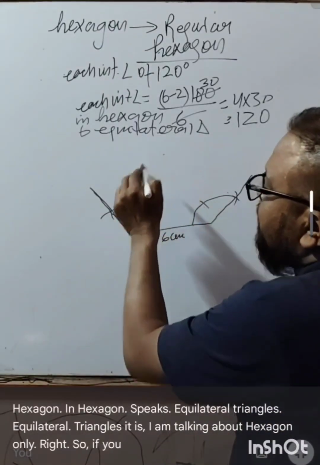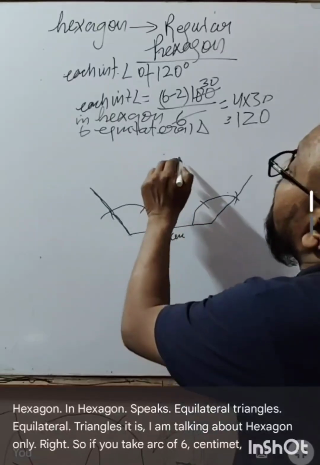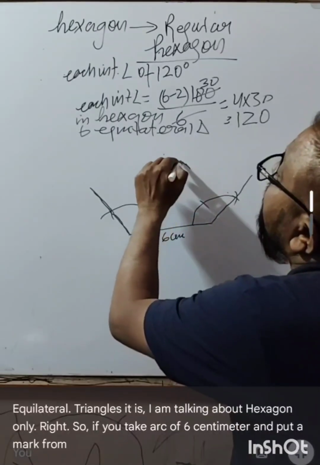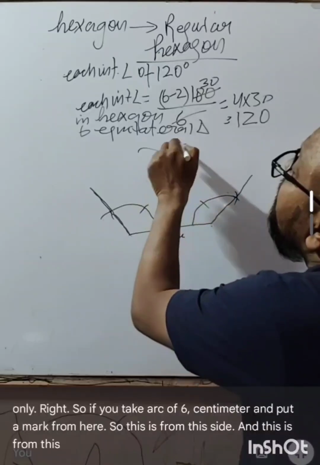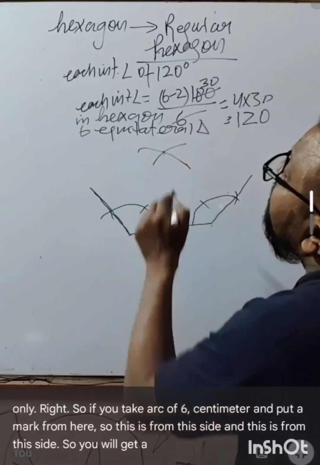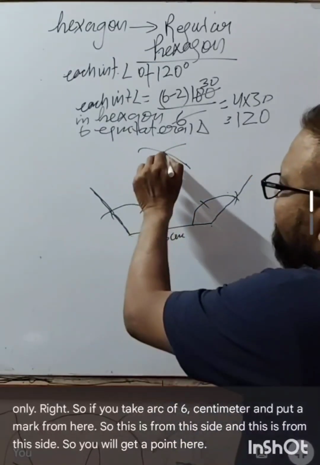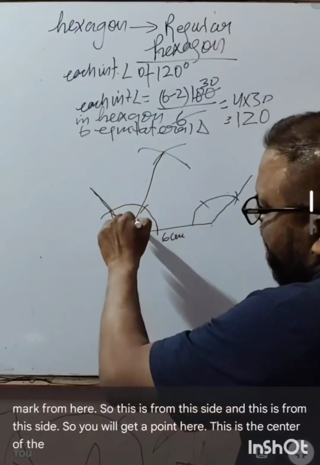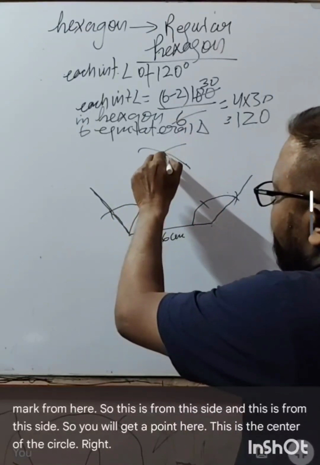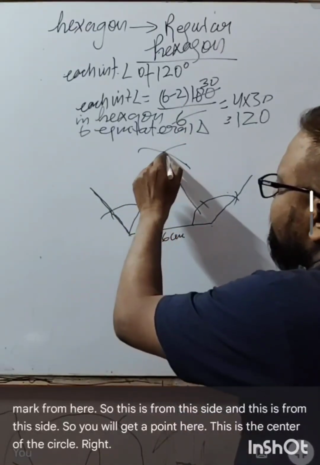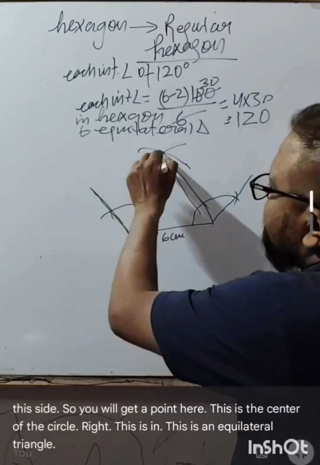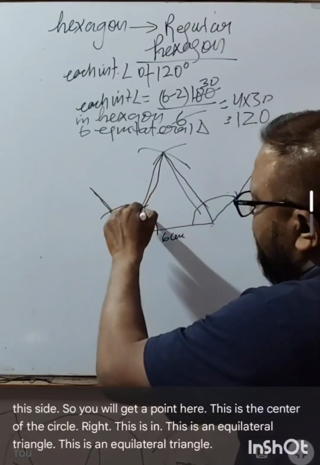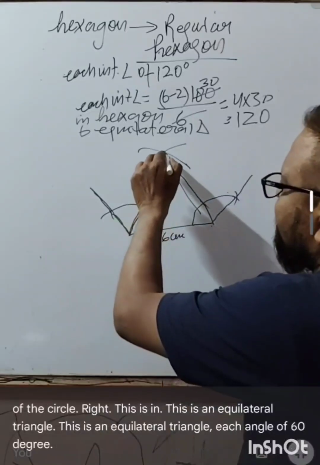So if you take an arc of 6 centimeter and put a mark from this side and from this side, you will get a point here. This is the center of the circle, right? This is an equilateral triangle, each angle of 60 degree, right?